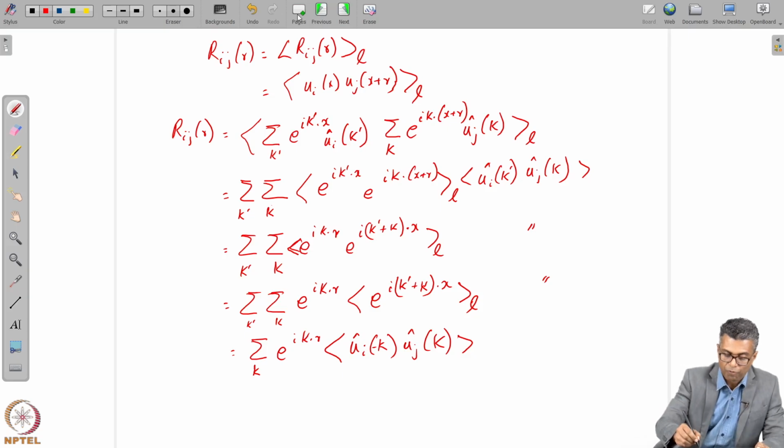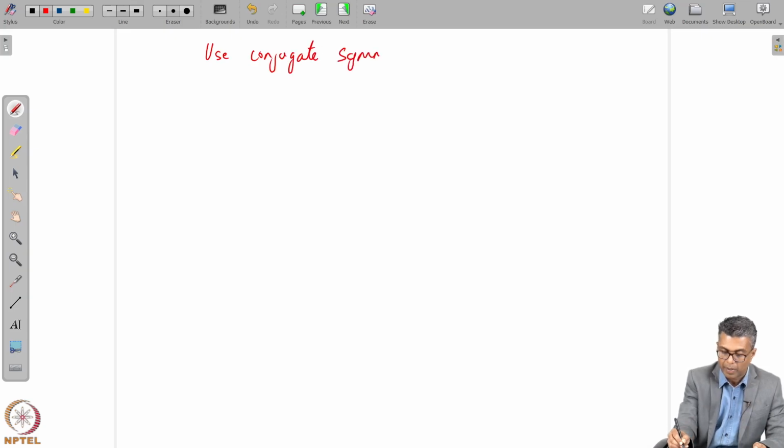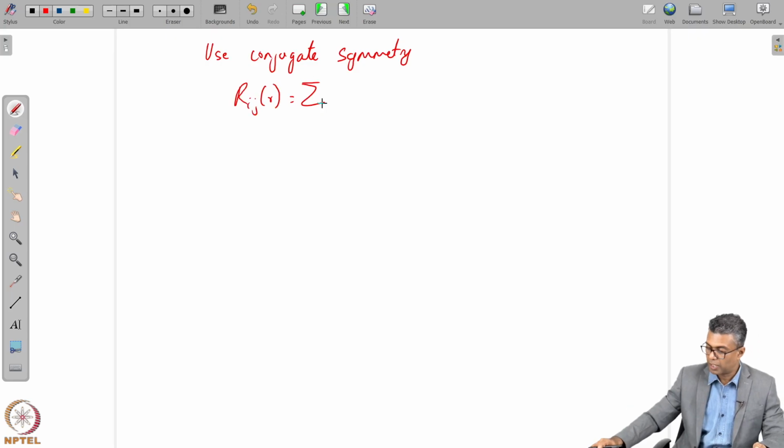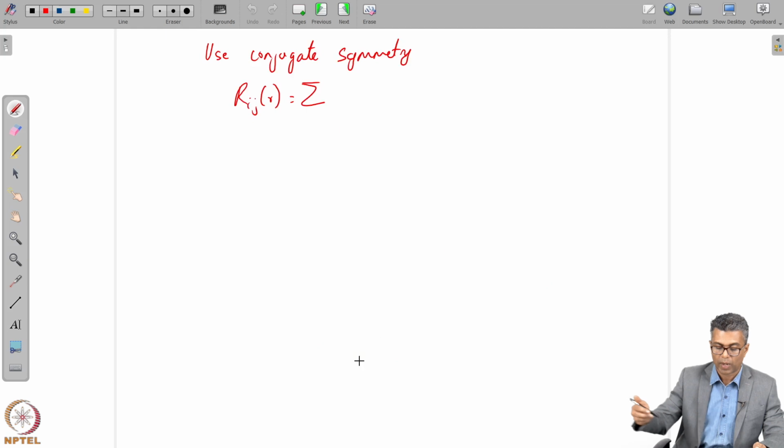I can go further, and if I use conjugate symmetry, then R_ij of r essentially becomes this. Look at what happens here: I have u_i hat of minus kappa, and I can just write that as u_i hat star.